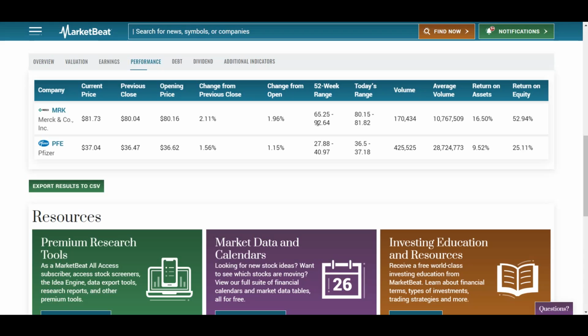Really, by picking a P/E ratio below the market average, you're expecting the company to be performing below the market average. So following the March crash, if you want to call it that, due to COVID-19, these stocks maybe haven't recovered back to the pre-March levels. That's suggesting to me that Pfizer's maybe recovered a little bit more than MRK. But again, Pfizer's operating below the 52-week high.